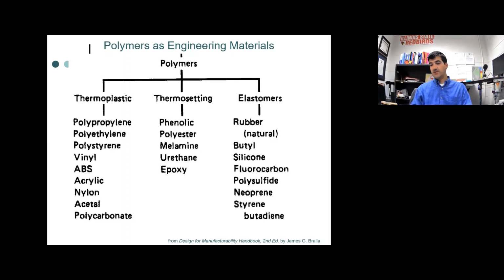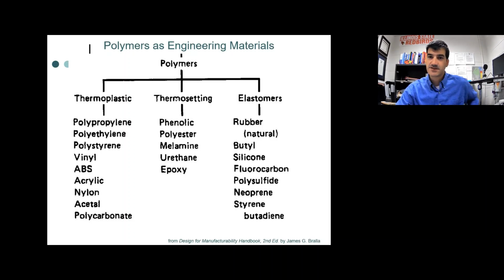So you can't generally heat it up to break those covalent bonds between the chains of the molecules. So that's basically the strength of the bonds in between the molecules. The intermolecular bonds are what differentiate thermoplastic from thermoset materials.